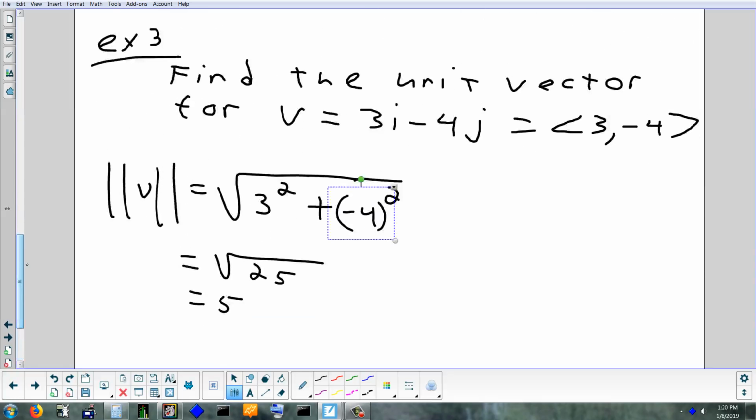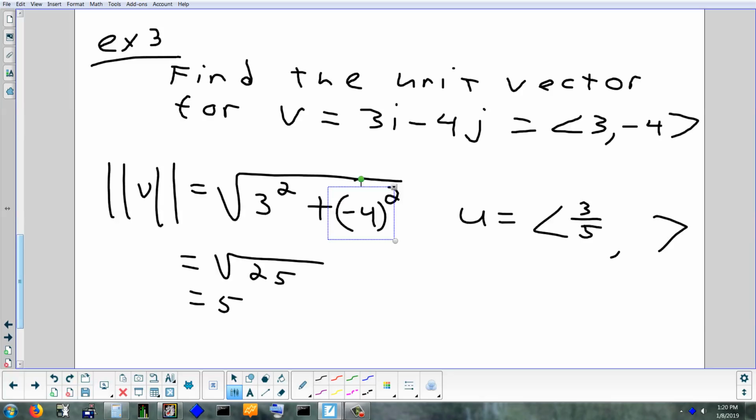So our unit vector would equal, let's just write it this way. What would be the horizontal component? Originally it was 3. We're going to scale it by 1/5. What do you got? Yep, you get 3/5.